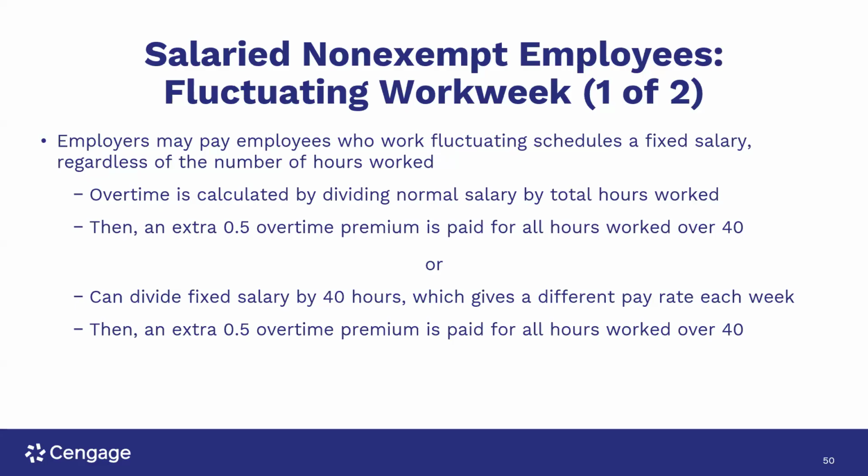Or if they divide a fixed salary by 40 hours, which gives a different rate of pay every week, and then time and a half is applied for all hours worked over 40. So it's a different way to calculate overtime based on these two methods.